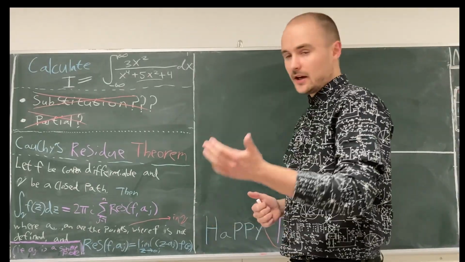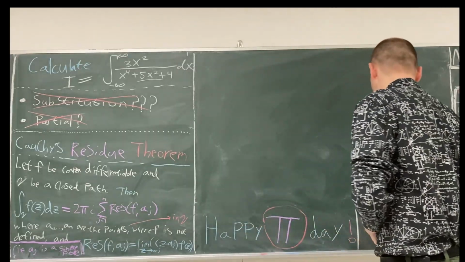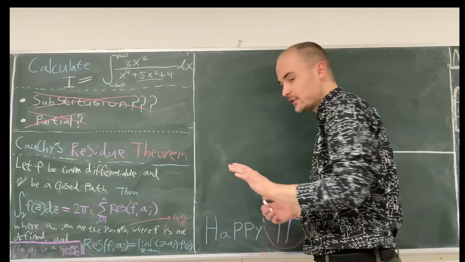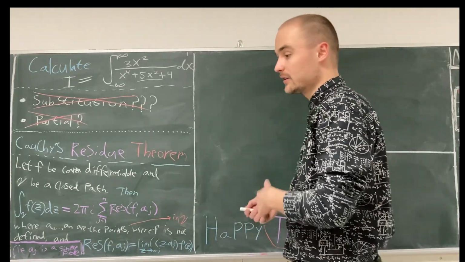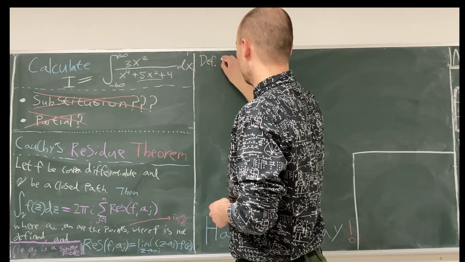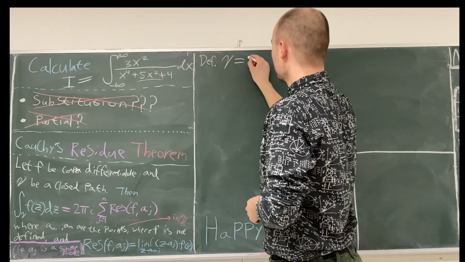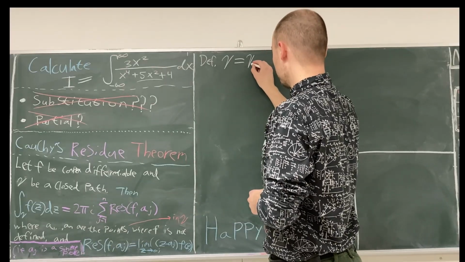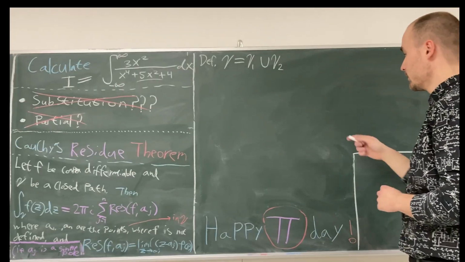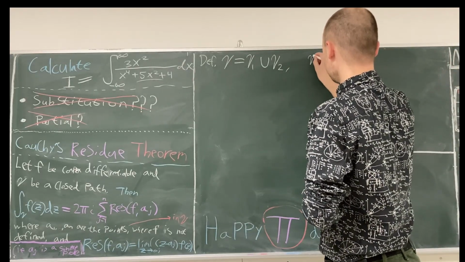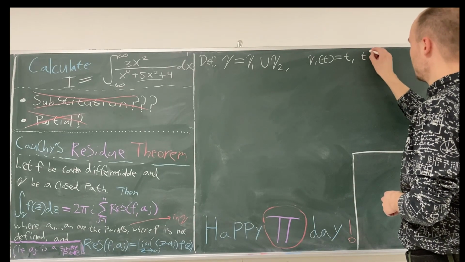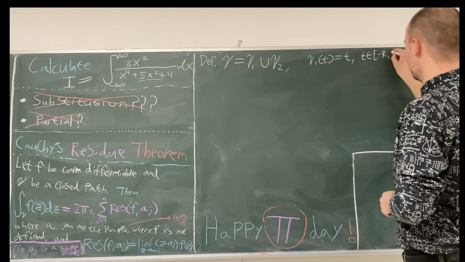Okay, but how can this at all help us? Well, let's define some stuff, and then we'll slowly begin to see how. So we're going to define this gamma curve to be a closed path. So it's going to be the union of two paths, gamma 1 and gamma 2, and gamma 1 of t I'll define to be t, where t runs from minus r to r.